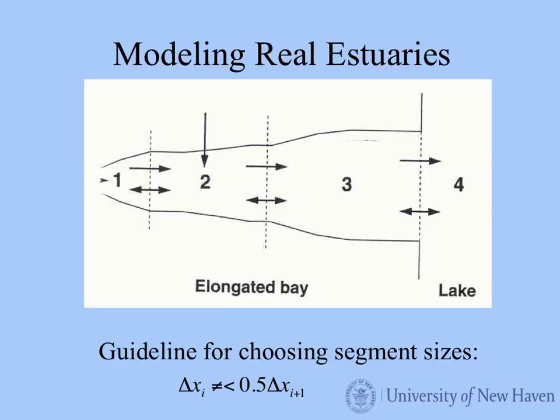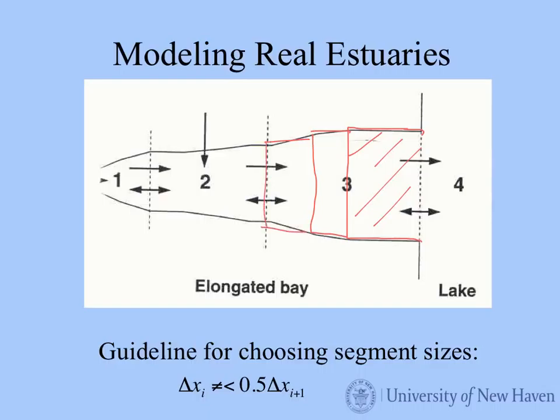If we take a look at it, though, you might ask yourself, well, why don't we break it up into some smaller segments, right? In this section, the width is really constant, and why don't we break it up even a little bit more like that?